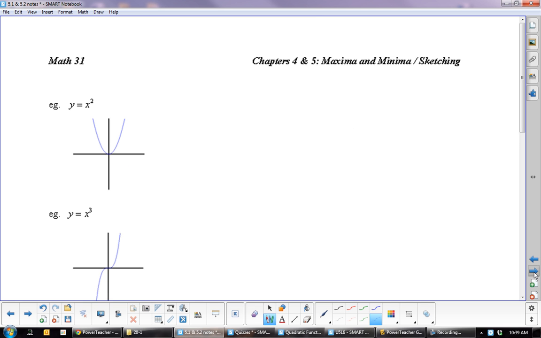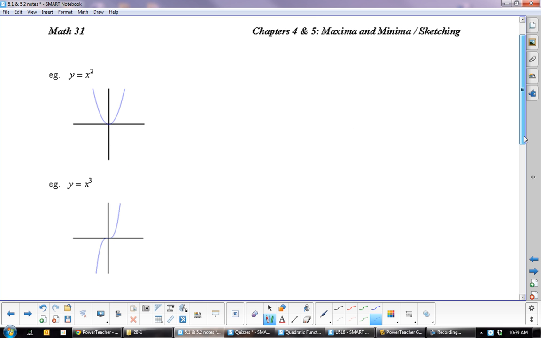Now I've kind of given you these two scenarios. If you put in the limit as x goes to positive infinity, it will equal positive infinity. If you put the limit as x goes to negative infinity of x squared, it is positive infinity. Oops, I should put the actual limit here, right? Equals positive infinity.